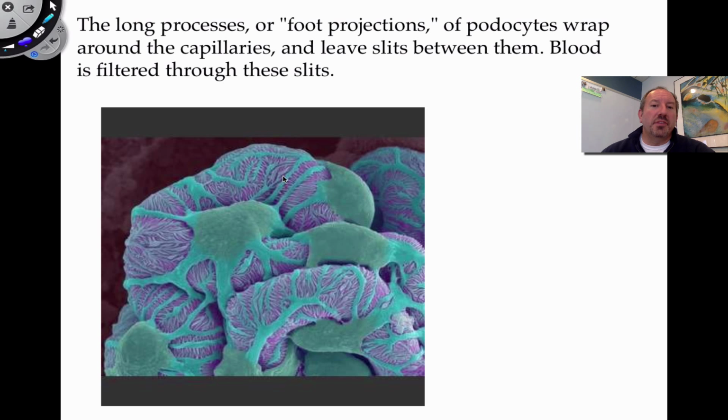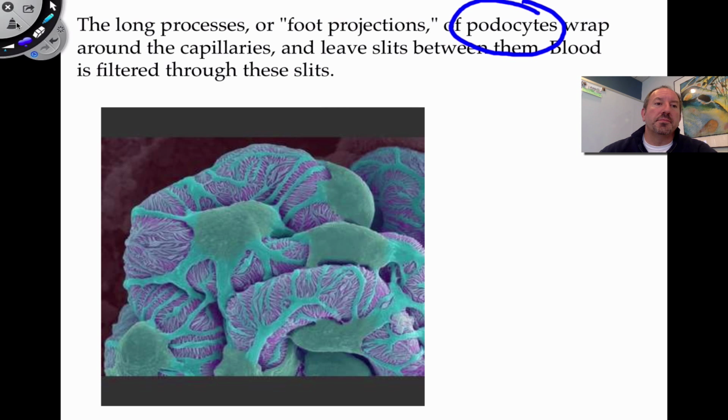So this is the most incredible photograph. It's a scanning electron micrograph of the glomerulus, and what we're looking at here is the blood vessels themselves and these specialized cells called podocytes. These podocytes, like foot cells, have toe-like extensions, again trying to make sure that the vessels don't rupture under high pressure.